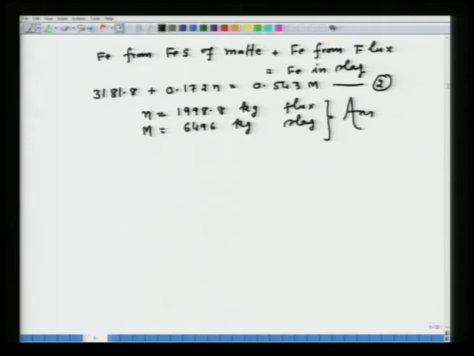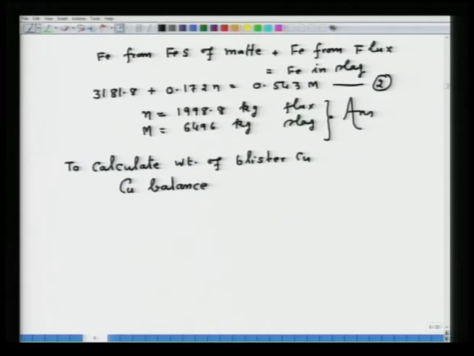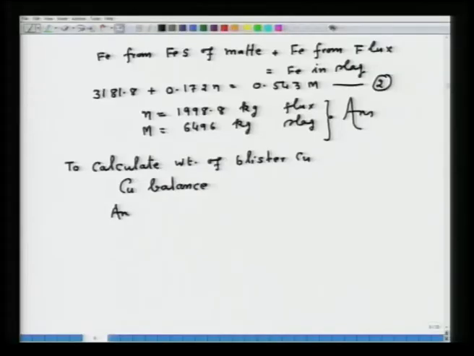Now, next we have to calculate the weight of blister copper and percentage copper recovery. To calculate the weight of blister copper, you will do a copper balance. Copper from all sources which is entering and leaving, you have to consider, and if you do that, the copper balance will come to 3788.